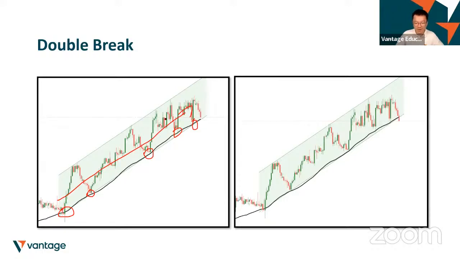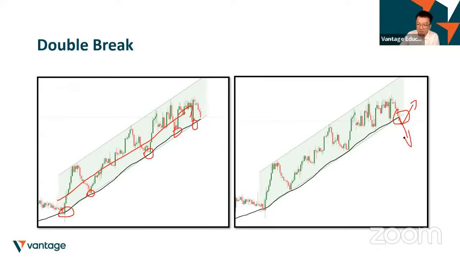However, if price breaks not one, but two indicators, right? If price breaks the 200 SMA and also the lower end of the channel, the lower support of the channel, what's that going to tell you? Is it going to be a reversal towards the upside, or is it going to be a big continuation towards the downside?